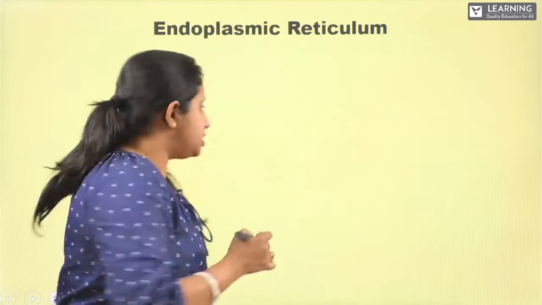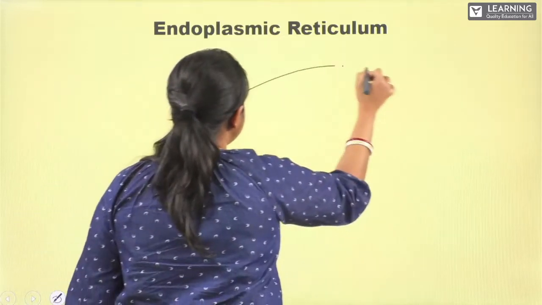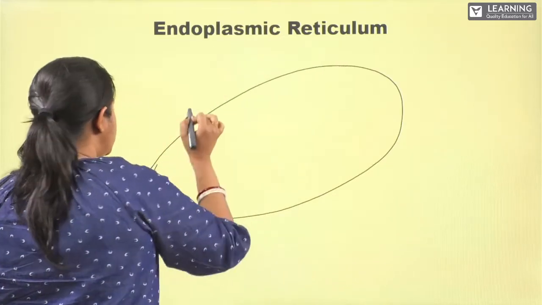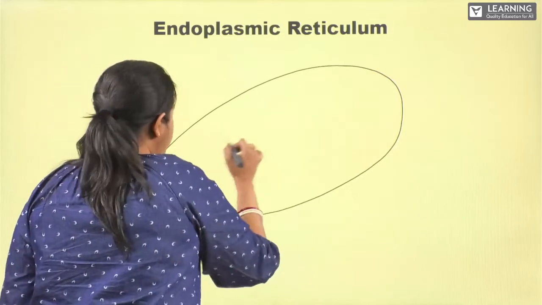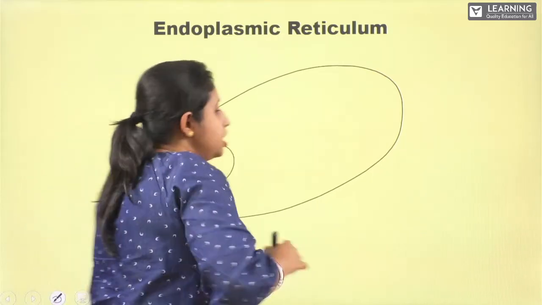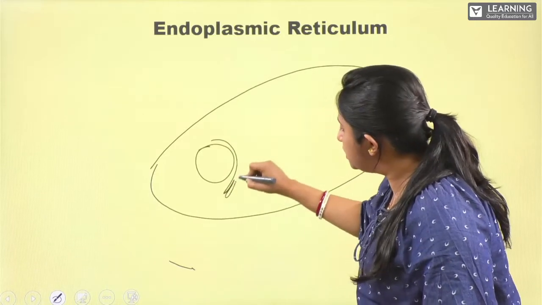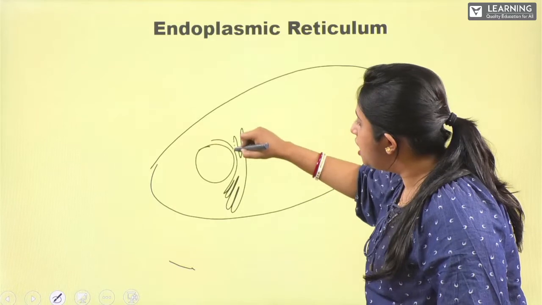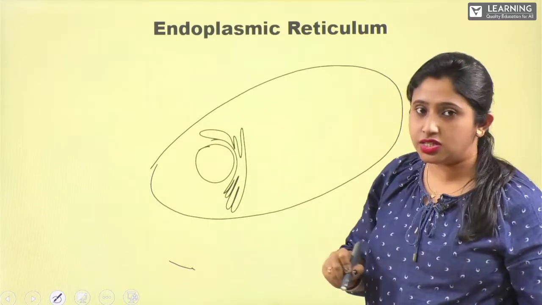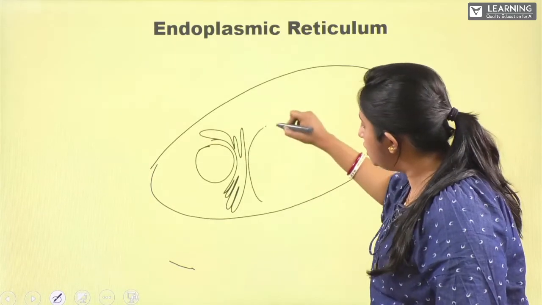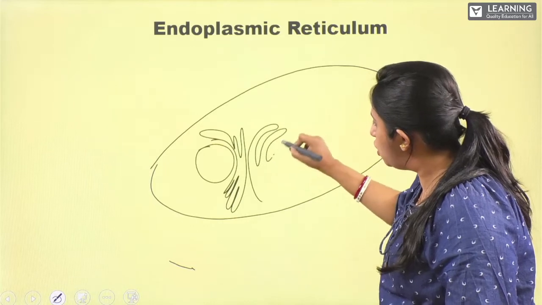Inside the cell, as I said, if this is a cell, you will find the nucleus here, okay? The endoplasmic reticulum will be scattered, surrounding the nucleus of the cell. So this is the ER, and this is the Golgi bodies.